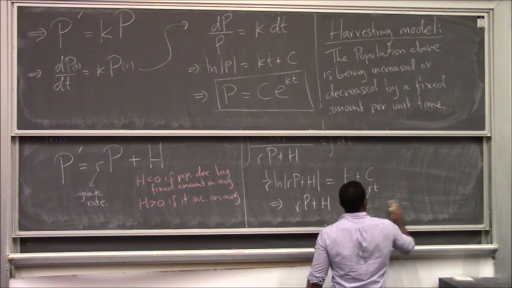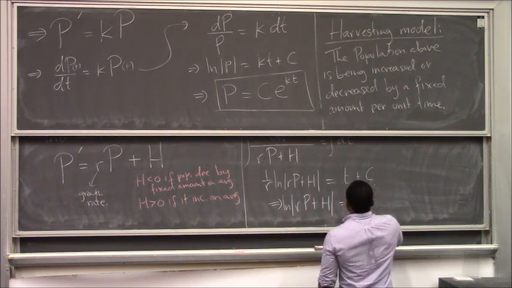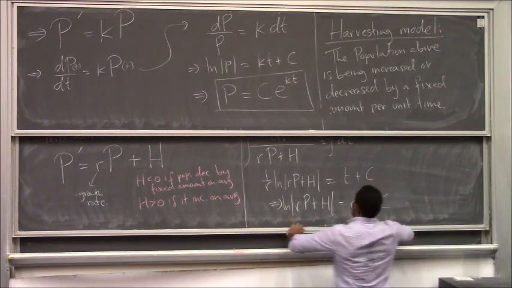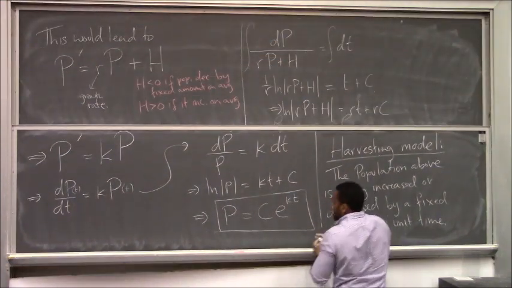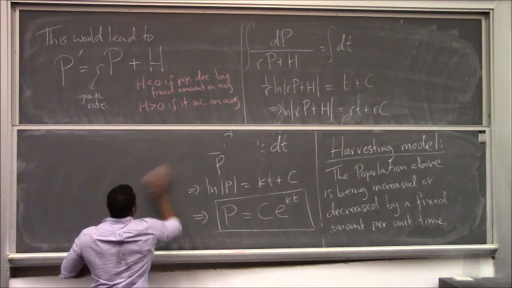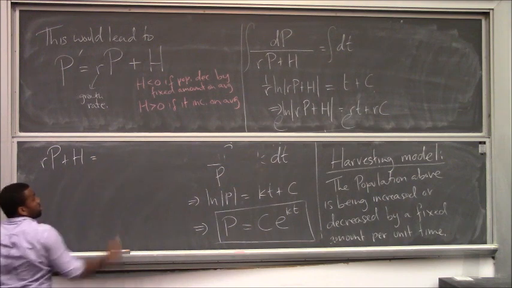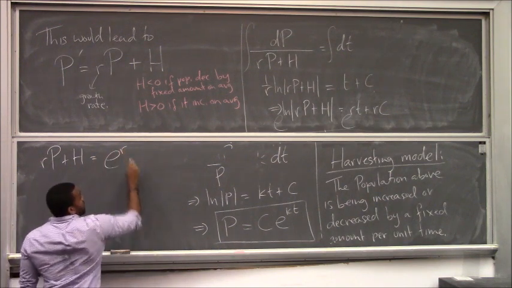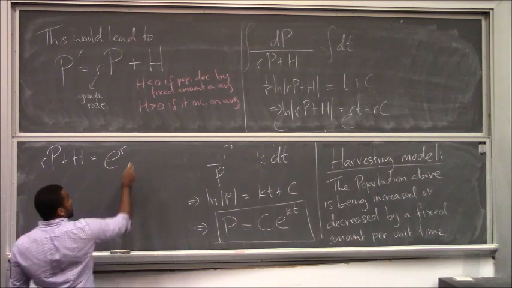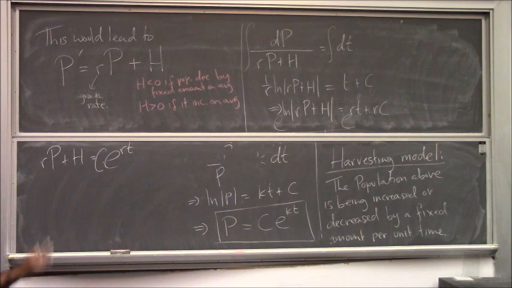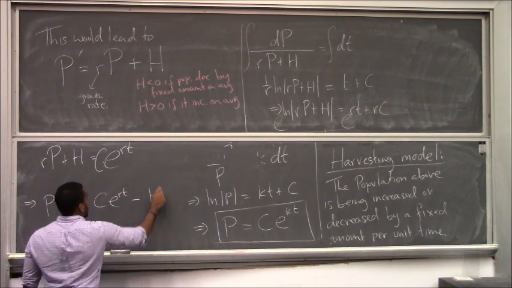And so this becomes equals plus c. And then I'm going to raise e to both sides. rP plus h equals... rC is just a constant, right? rC is just a constant, so I can just call it big C. And so now I would end up with P is going to be C e to the rt minus h divided by r.